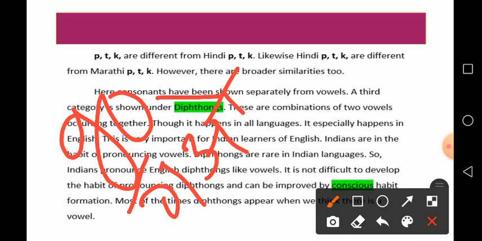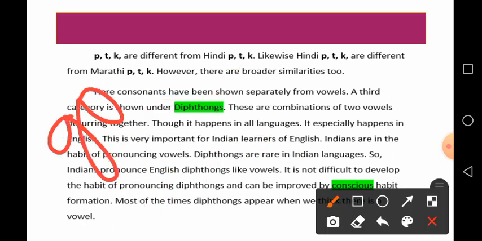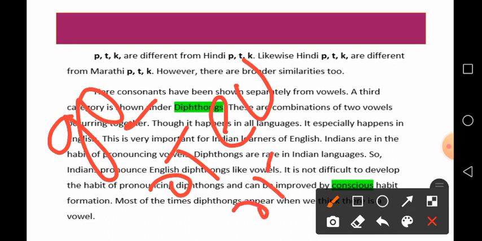But Britishers, they pronounce this word g, o and u, go, a and then u. The o is pronounced au. So g, a and u. So the word is pronounced go, o and u.